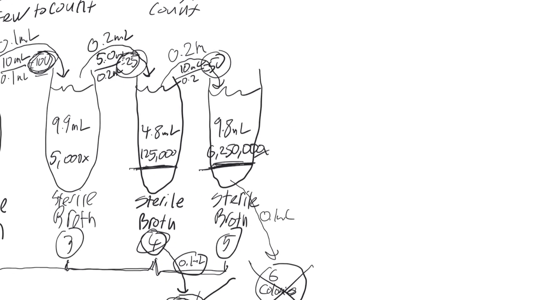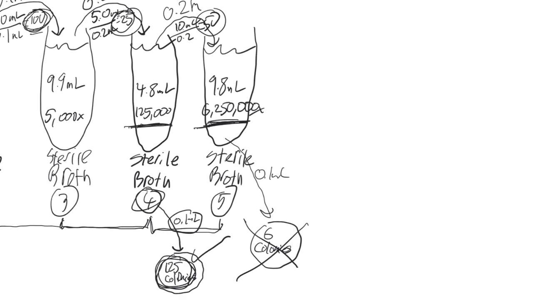So the first thing is, remember the definition of a colony. A colony is a group of bacteria growing on an agar plate that comes from one single cell. So in other words, when I transferred over 0.1 mils from tube 4 onto that plate, I wasn't really carrying over 125 colonies.